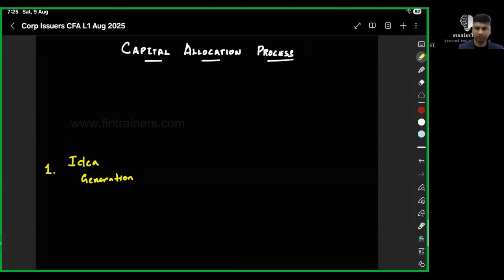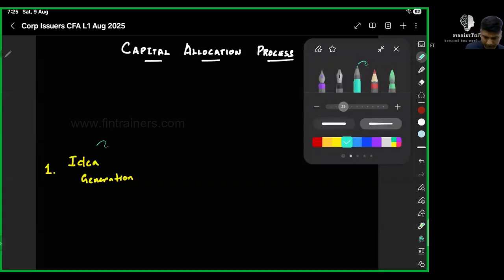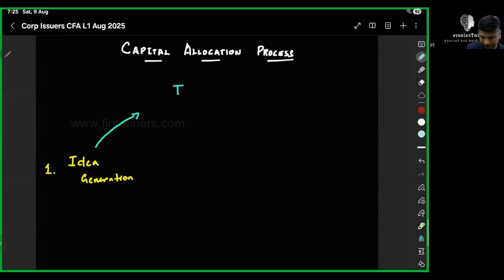There will be a team called the corporate finance team or FP&A team. There will be a person, a vice president or someone whose job is basically to review all this. His team will come up with ideas, but usually any of the senior leaders can come up with ideas. Then after this, we have to do investment analysis. This is the part that we are going to be doing in this chapter, the second step.